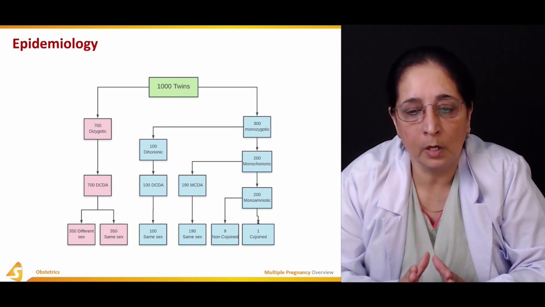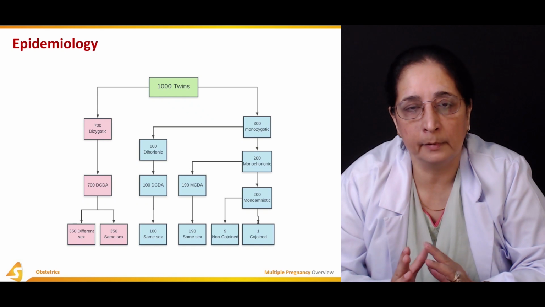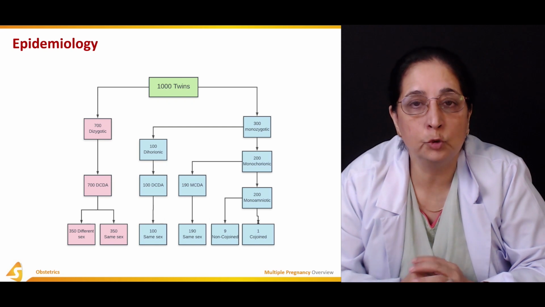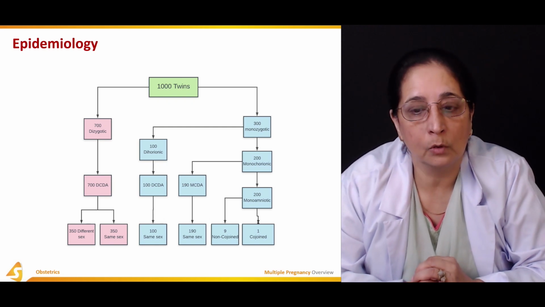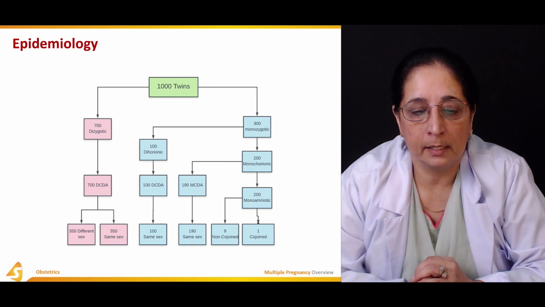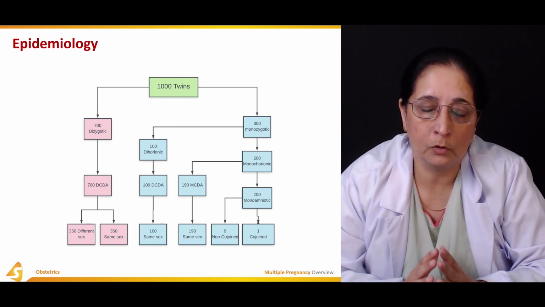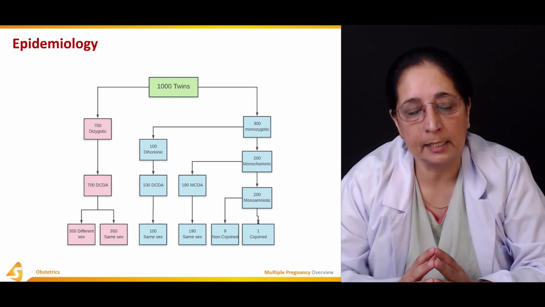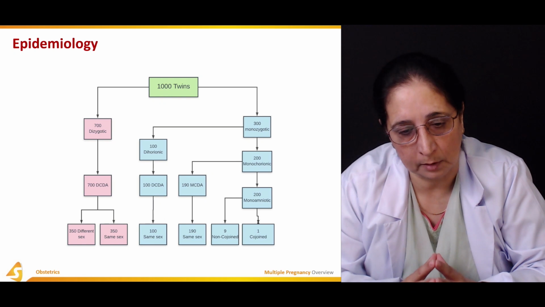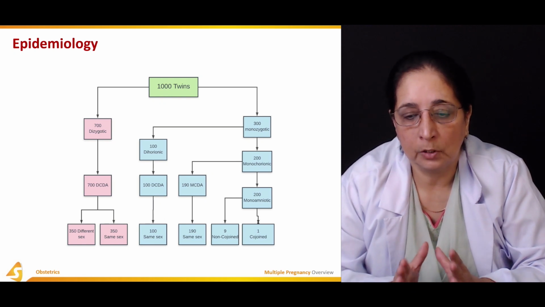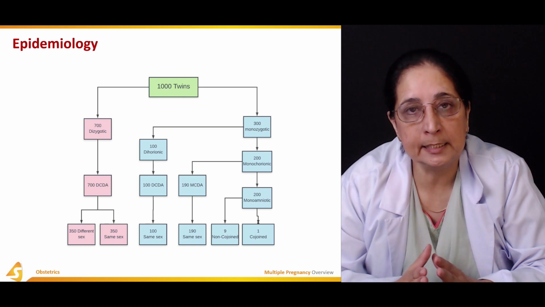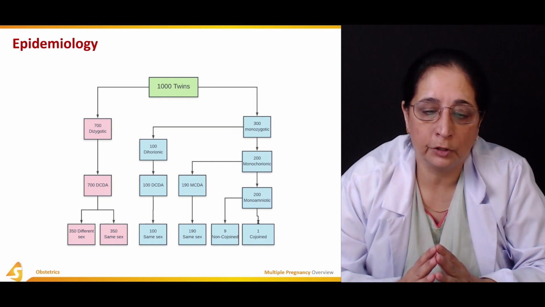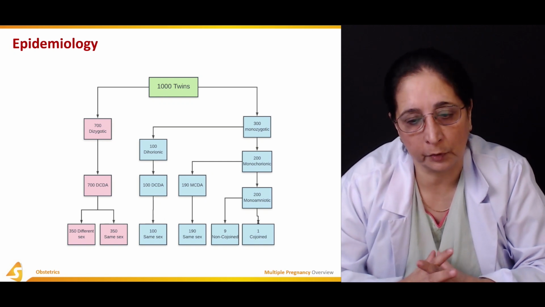Next, out of 300 monozygotic, about 200 are monochorionic, and of these 200, 190 are monochorionic diamniotic, and all are the same sex also. Of the remaining 10, they are monoamniotic; one is conjoined and nine are non-conjoined twins.